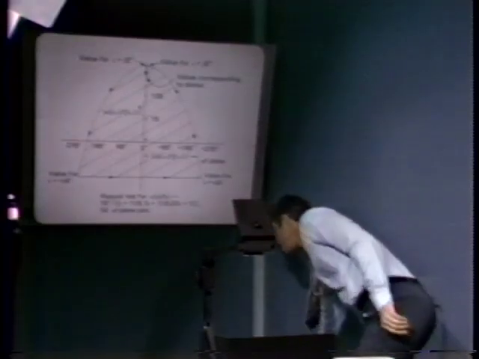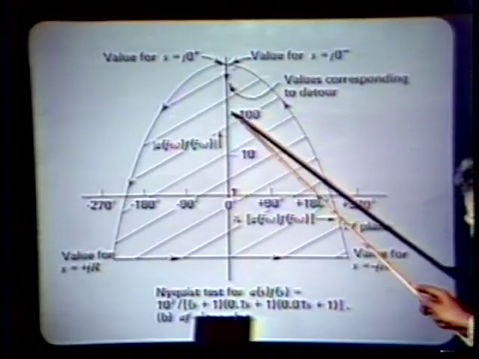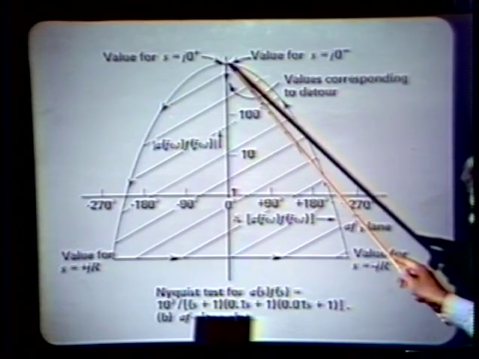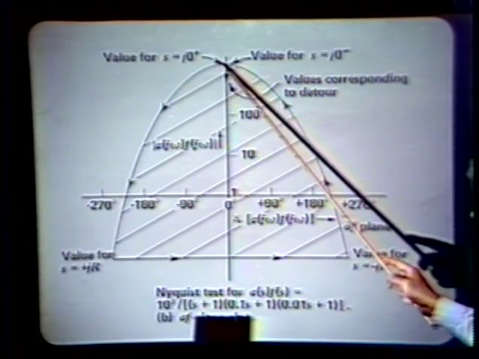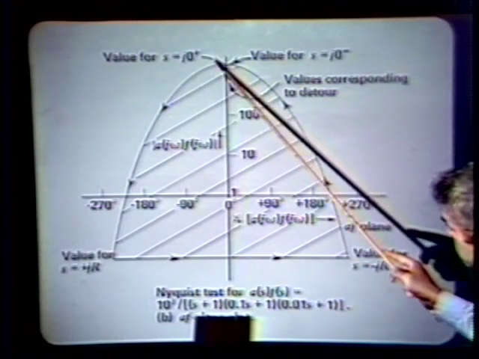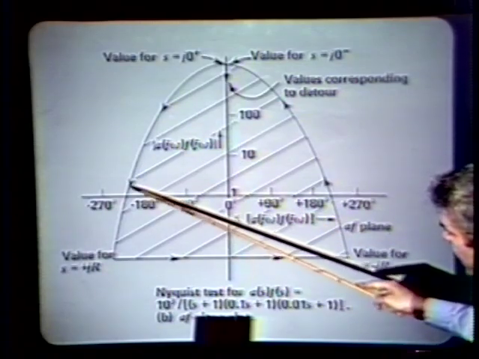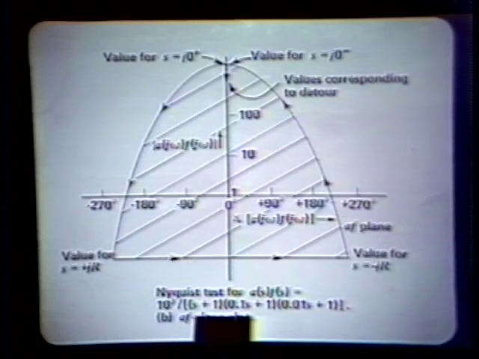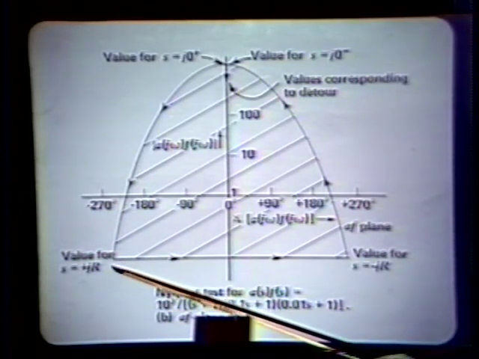Here we start out at a magnitude of 1,000 for s equals j0+. As omega increases, the angle becomes negative, asymptotically approaching -270 degrees for s equals +jR.